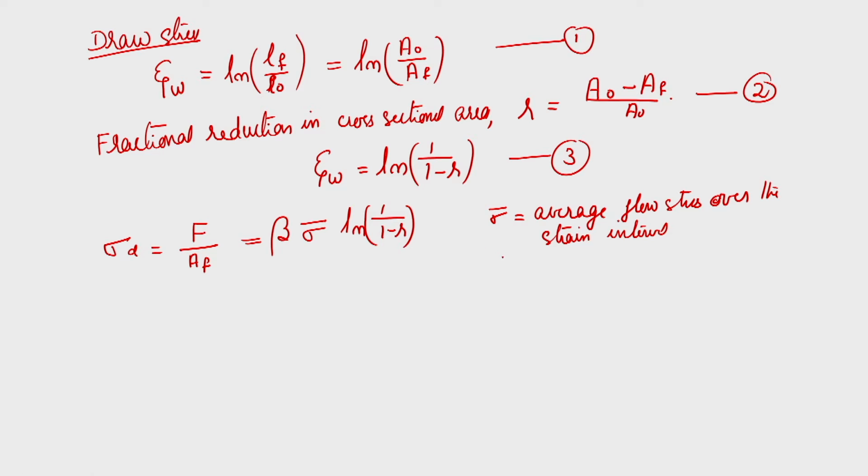And beta is a factor whose value lies between 1 and 3. If beta is equal to 1, you will see that sigma d is equal to sigma bar log 1 by 1 minus R, which is nothing but the stress necessary for homogeneous deformation, or the stress necessary for homogenization.